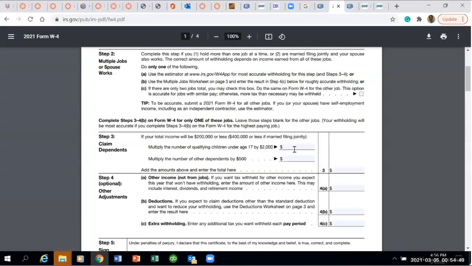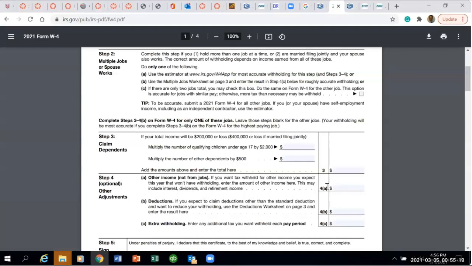But my dependent is over 18, so it would only be 500, right? Yeah, just for under 17. Right. So I put 500 there, and based on that, I don't have another job, I don't have any other deductions, and my extra, I shouldn't have to fill out for A through C, correct?